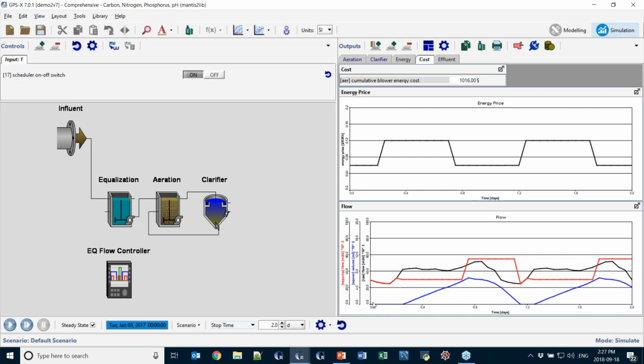So at the beginning of the simulation, it was empty. And then once we started to sort of hold things back, it starts filling up again. And then at the point when the energy cost goes from being more expensive to less expensive, now is the time when we want to turn on that pump and ramp it up a little bit so that we can empty that tank out at a time when it's cheapest to do it. So you'll note that the difference between these two lines is the volume that we stored.